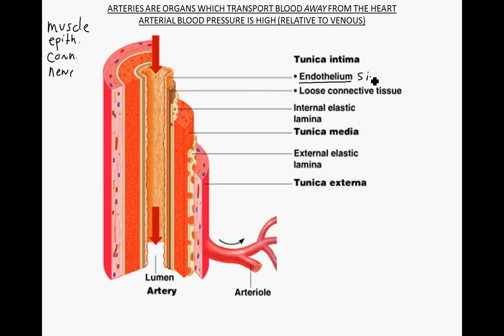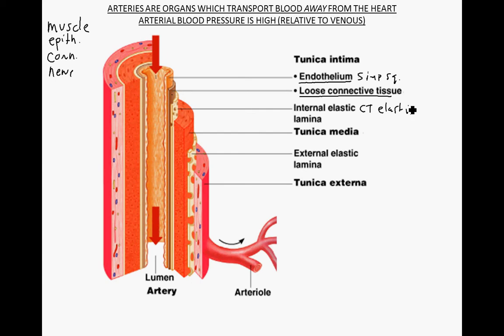So this is a simple squamous epithelium. Just outside that, of course, is the basement membrane. So there's a loose connective tissue layer here in darker brown. And then there's this internal elastic lamina. So this elastic is also sort of connective tissue, mostly elastin fibers.